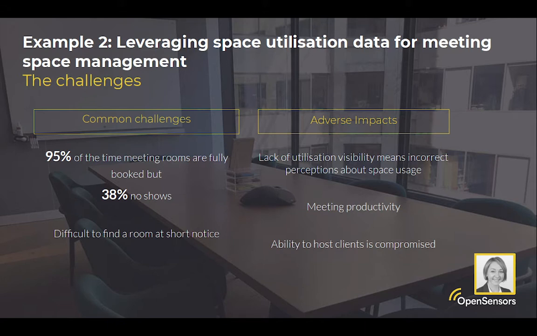The most common issue with meeting space and other types of collaboration space is that they are basically always booked, but people just don't show up for the meetings. With the lack of visibility into office space utilization, real estate managers can have incorrect perceptions about space usage just by looking at, for example, your organization's meeting room booking system, and you will see that your meeting rooms are overutilized, which in fact is not very accurate.